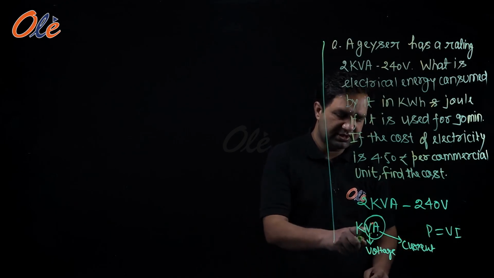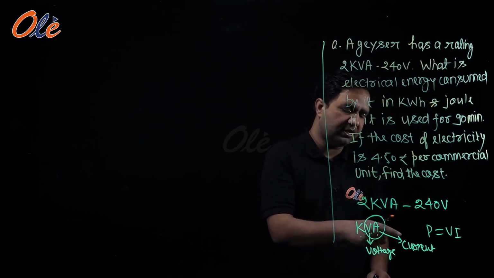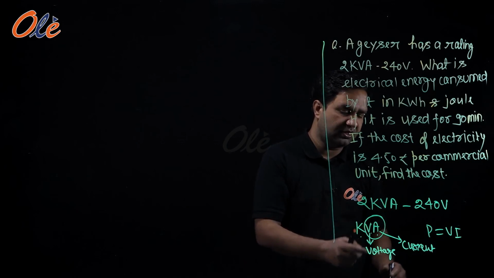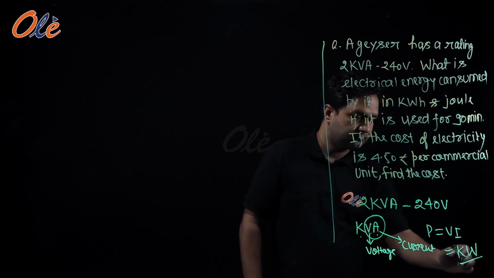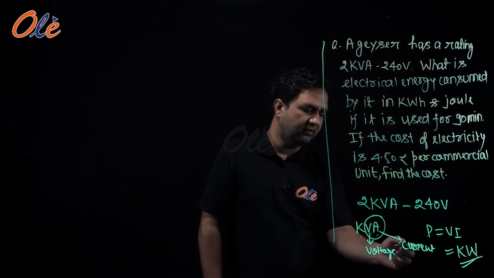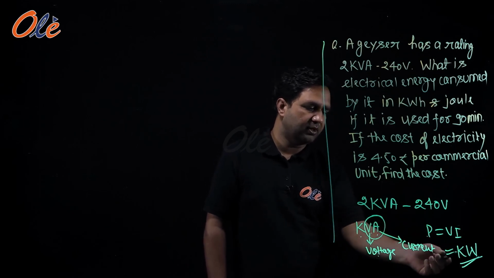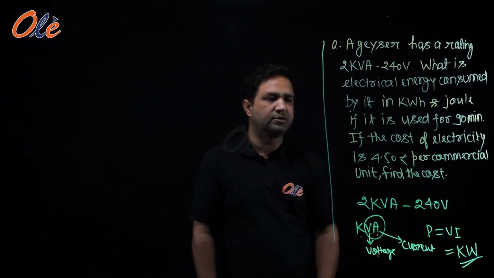So this is the unit of power. Right, in place of VA we can also put the unit of power. So we can write here kilowatt. This is nothing but power. P is equal to VI. It has been put in the form of the units of V and I. Okay, so we can write kVA as kilowatt.